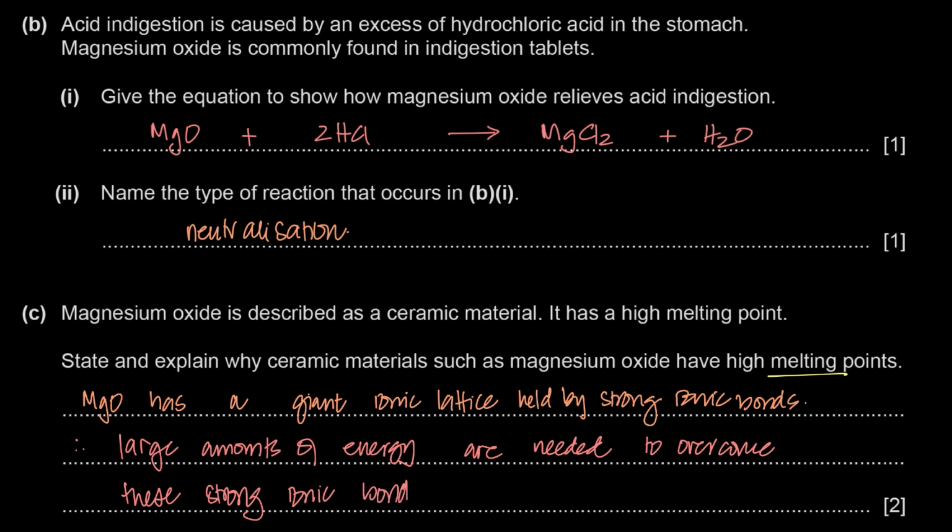I know, writing pretty slow, but that's what we have. So you say that it's a giant lattice held by lots of strong ionic bonds, and lots of energy is required to break all of these ionic bonds. Therefore, the melting point is high. So this solid structures part of the question is also part of group 2.